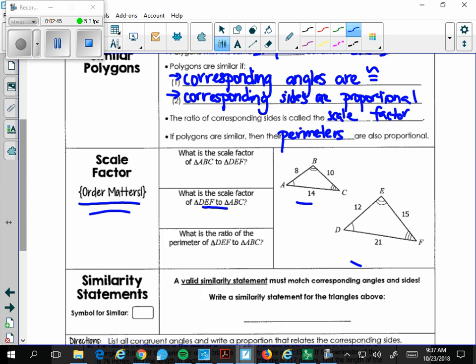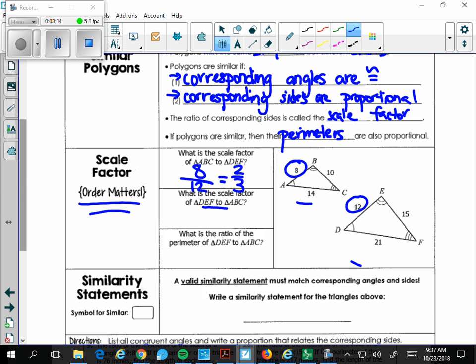So I'm just looking at what proportion the sides are in. Let me take, for example, 8 from ABC. The corresponding side is 12. I can reduce that down to 2/3. And that tells me that ABC is 2/3 the size of DEF.